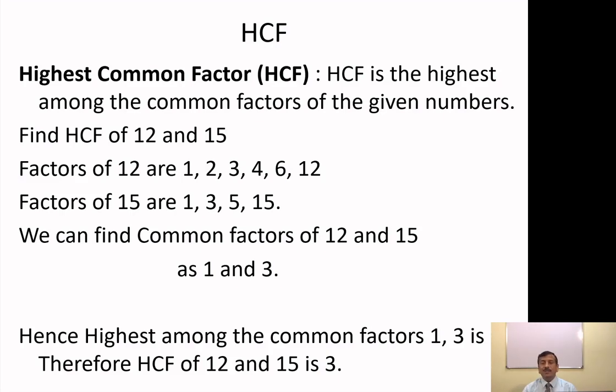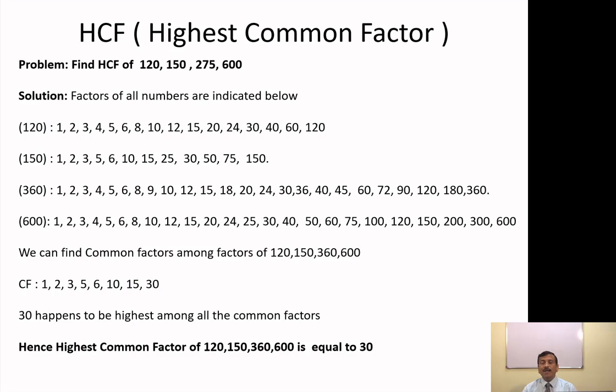Let's go for some difficult problem. Let's find out the highest common factor of 120, 150, 360 and 600. Again, the method will remain the same. We try to find out factors of all the numbers as indicated below. 120 is divisible by 1, 2, 3, 4, 5, 6, 8, 10 and so on. 150 is divisible by 1, 2, 3 up to 150.